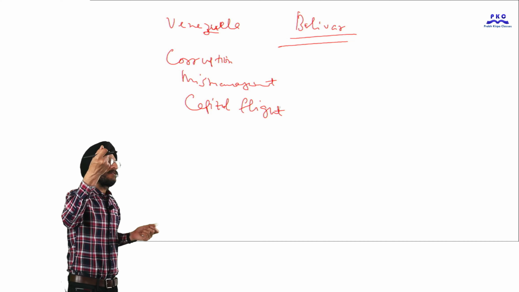Suppose we are importing a good from abroad, say USA, and that particular imported good is priced at one US dollar.